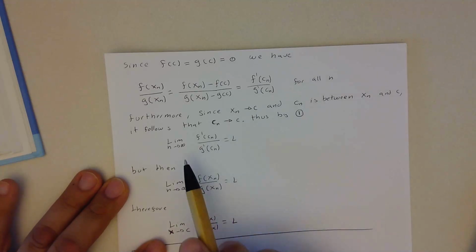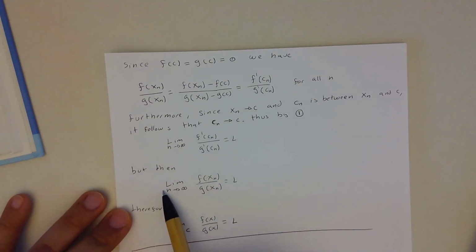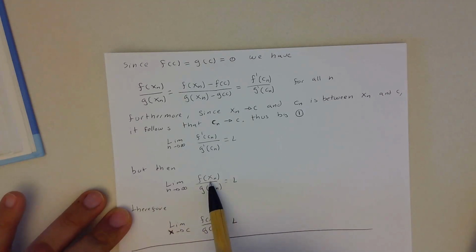Therefore, if this limit exists, then this limit will also exist. This is the x_n that will tend to c, right?